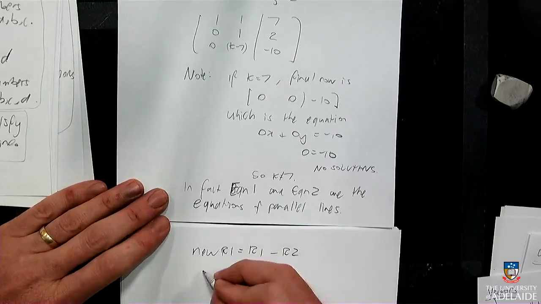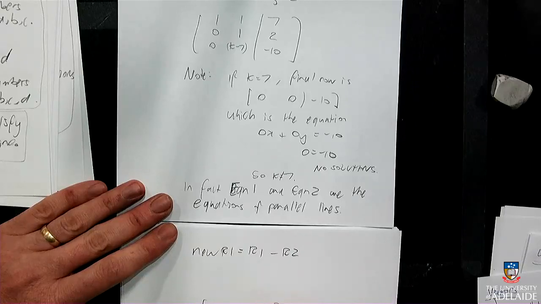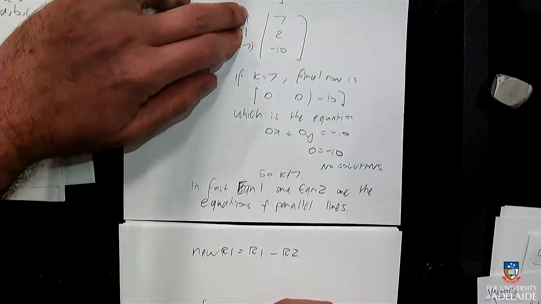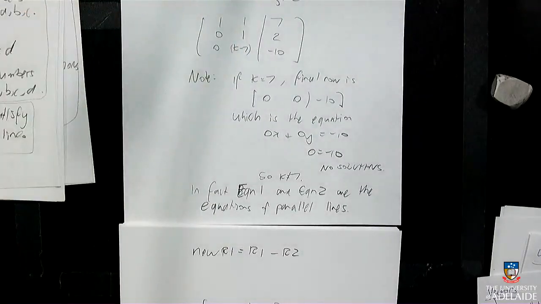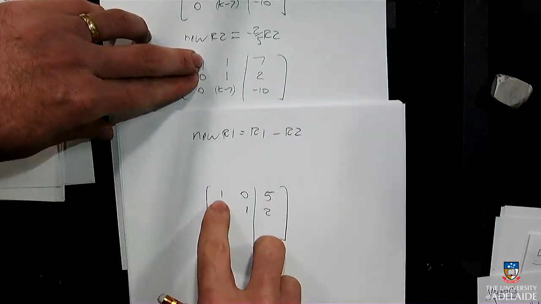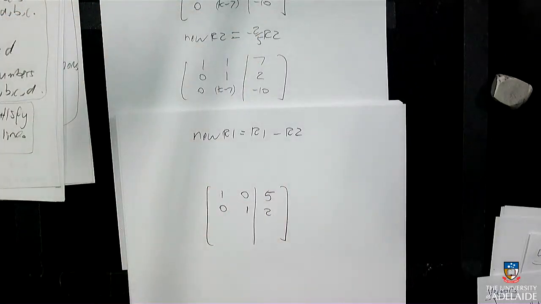And I don't think I even need to do any work for that one. 1 minus 0 is 1, 1 minus 1 is 0, 7 minus 2 is 5. So it looks like we've got x equals 5, y equals 2. So if they're going to meet at the same point, it'll be the point x equals 5, y equals 2.